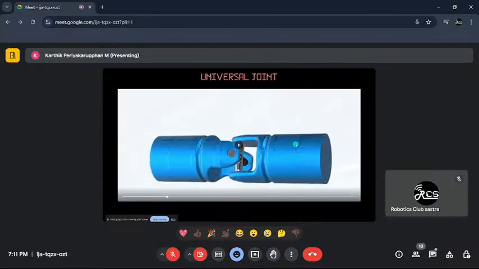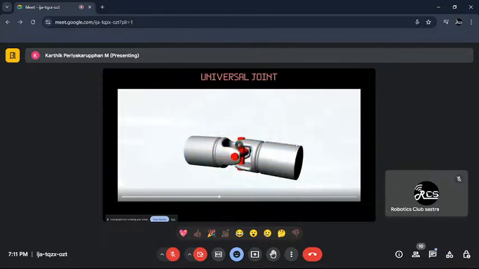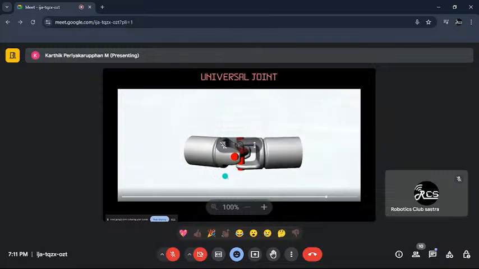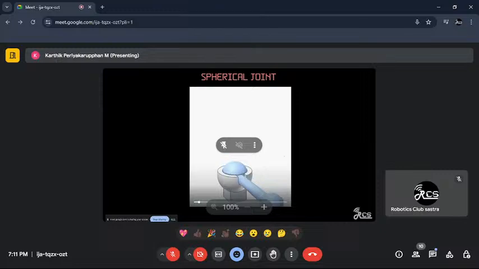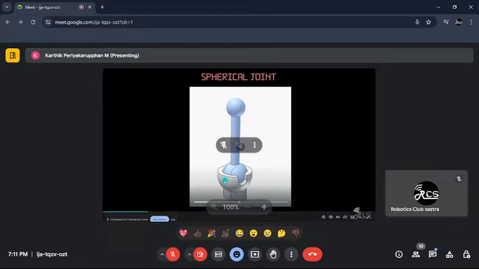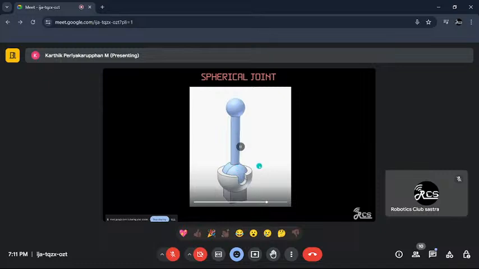This is the universal joint, which allows only rotation about two non-intersecting axes. Axis 1 is this one and axis 2. And the spherical joint. You can understand why it is called ball and socket. The white part at the bottom you can call the socket, and there is a ball, and it can rotate along the x, y, and z axes.